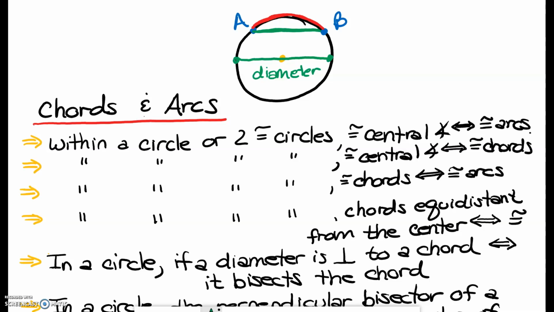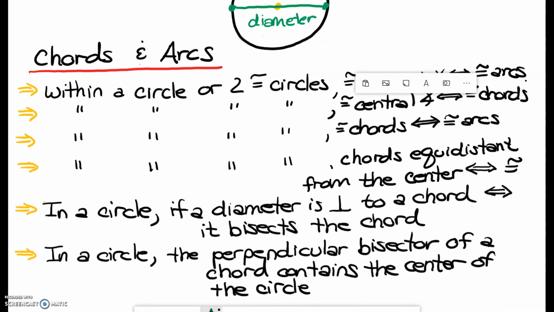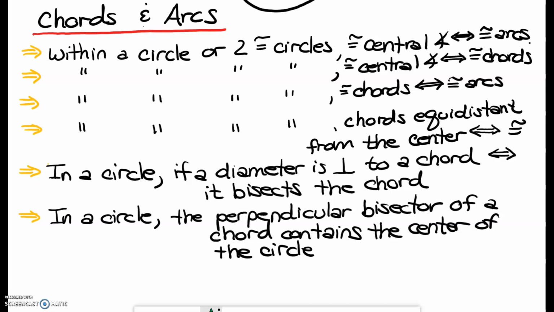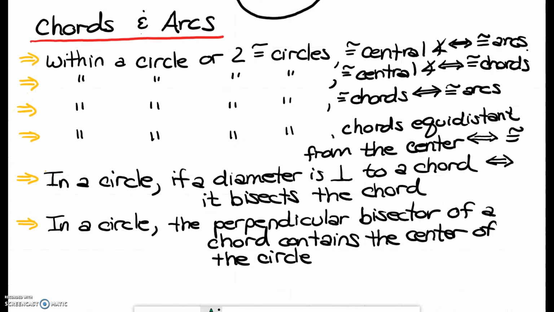So let's take a look at a couple of theorems and postulates that have to do with chords and arcs. The first is: within a circle or two congruent circles, congruent central angles give you congruent arcs. Also, if we read this backwards, congruent arcs give you congruent central angles.